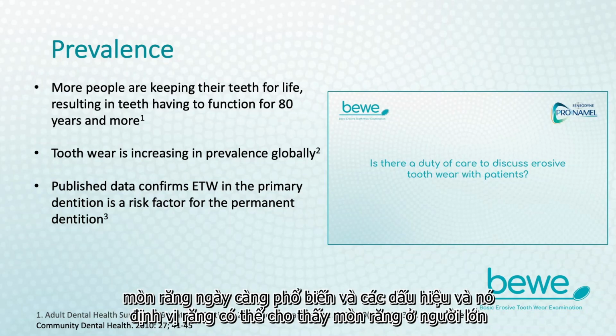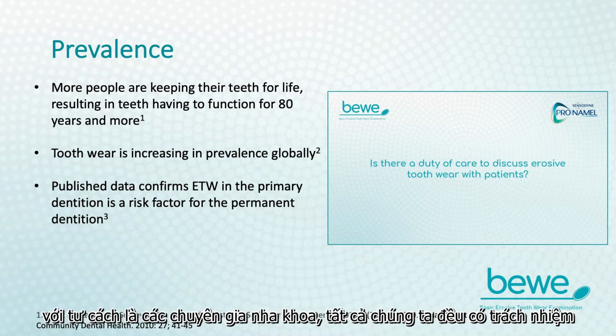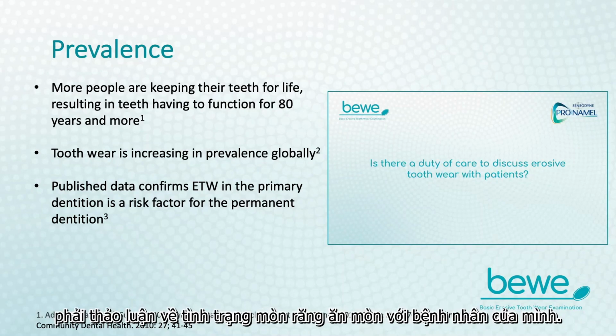Tooth wear is increasing in prevalence, and signs in the deciduous teeth can indicate tooth wear in adults. In this video, the speaker outlines why she believes that as dental professionals, we all have a duty of care to discuss erosive tooth wear with our patients.